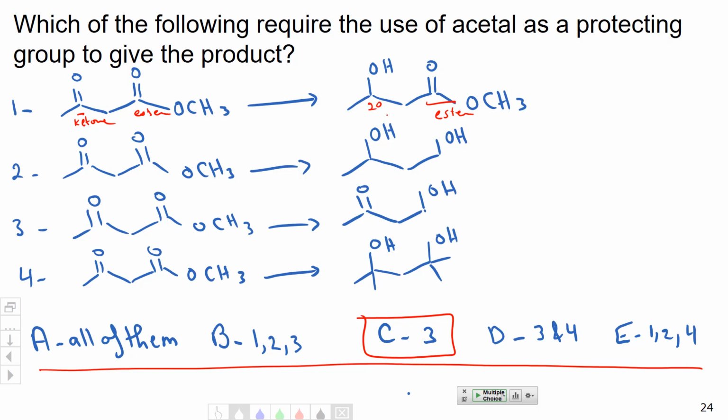Sodium borohydride can do that because it reacts with ketones and aldehydes, not esters, carboxylic acids, or nitriles. So this is achievable without any protecting group. In the second one, the ketone is changed to a secondary alcohol and the ester into a primary alcohol. That's achievable by lithium aluminum hydride.